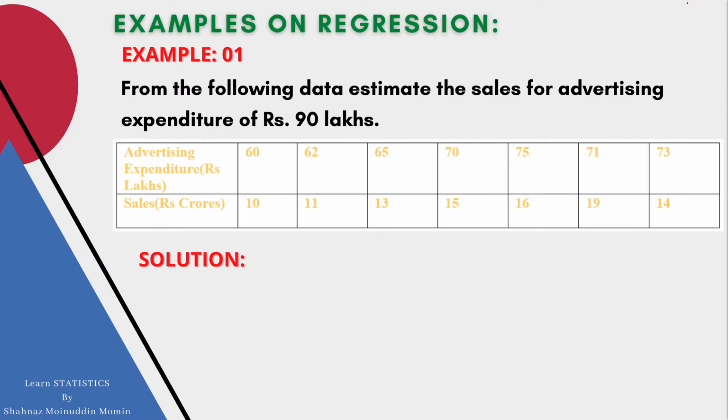From the following data, estimate sales for advertising expenditure of rupees 90 lakh. For this, we are given advertisement expenditure in lakh and sales in rupees of crore. In this example, we have to calculate the regression line.